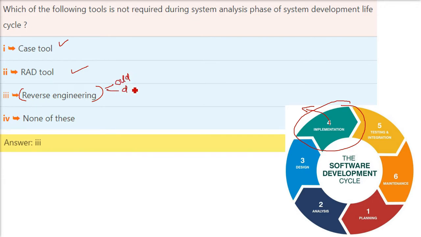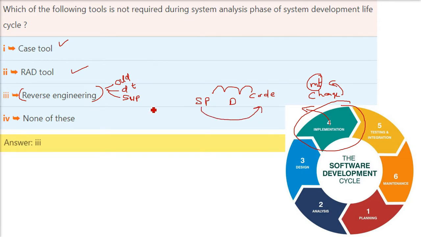Reverse engineering is only done when the old system is not available, the documents are not available, and the support is not available. The cost of software change will be very high, so only maintenance can be done. So from code you go back to specification via the design, and finally you do the forward engineering.